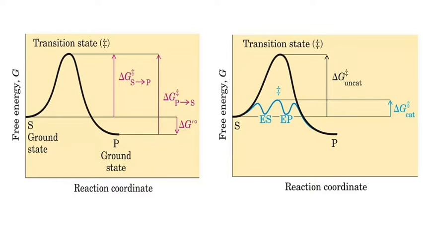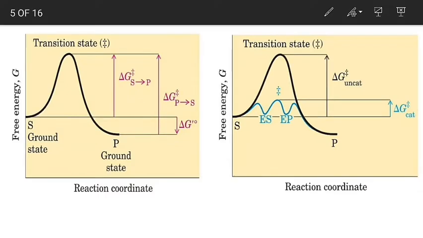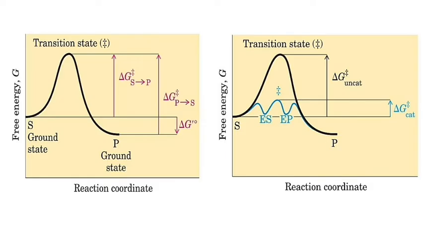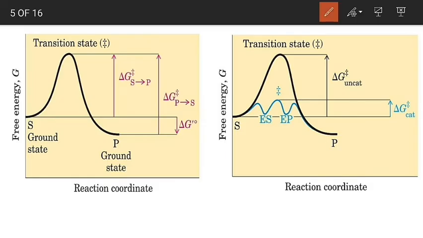Now, what exactly does the enzyme do to increase the rate of the reaction? It alters the rate of the reaction by decreasing the activation energy, that is, the del G double dagger value. As we can see here, in the case of the uncatalyzed reaction, the del G double dagger value is much higher, that is, this is the activation energy of the uncatalyzed reaction, but in the case of the catalyzed reaction the del G double dagger value is much lower.